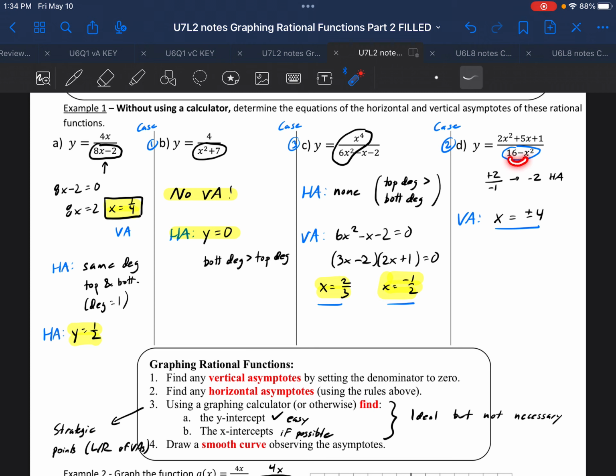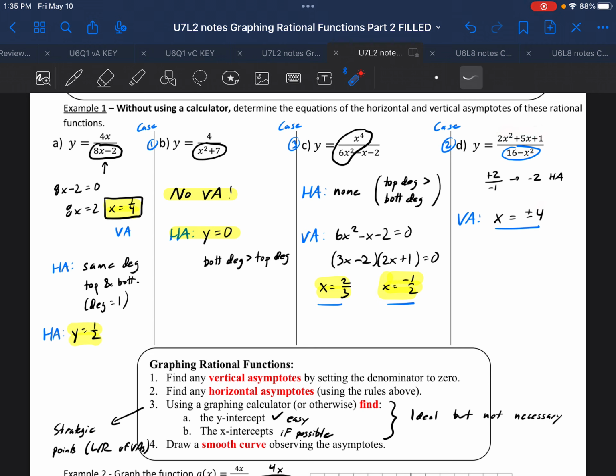Plus or minus 4. 16 minus 4 squared is 0. 16 minus negative 4 squared is also 0. Okay, and when I plug this in, if I plug in positive 4, all the terms are positive, so I never get 0. If I plug in negative 4 here, that's going to be negative 20. This is going to be 32 plus 1, so it won't be 0. Okay, so both of these values make only the denominator 0.